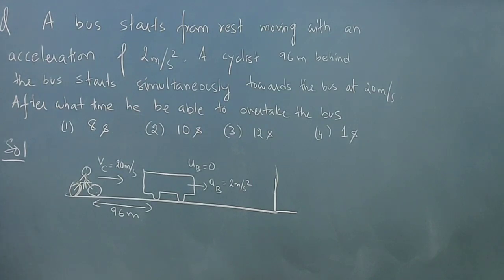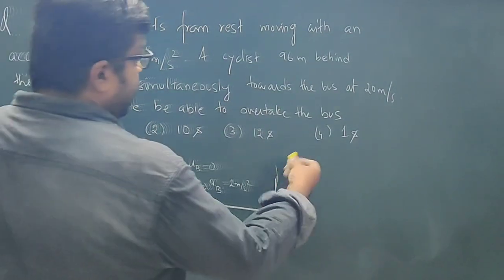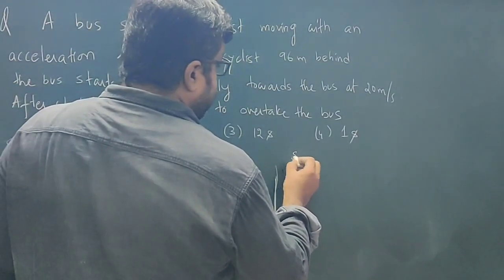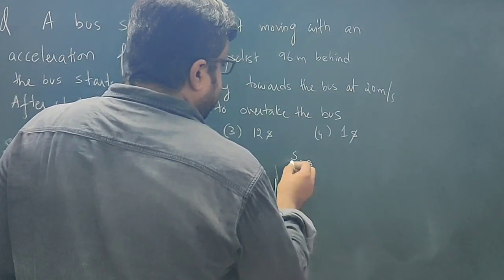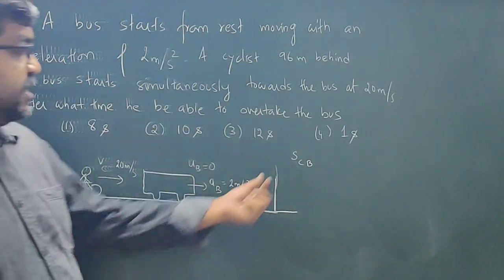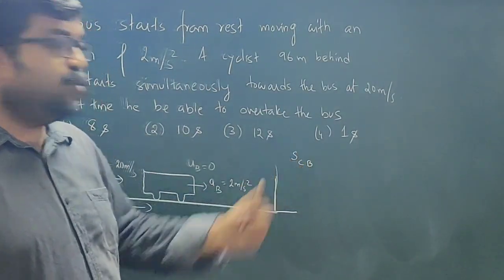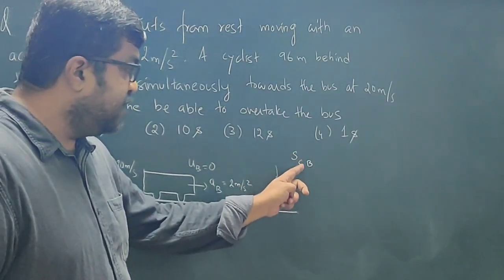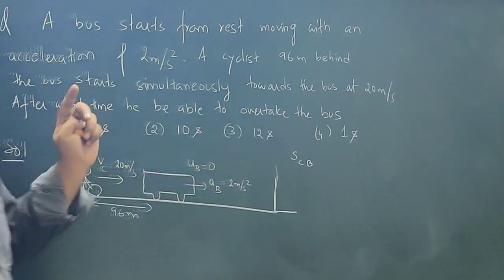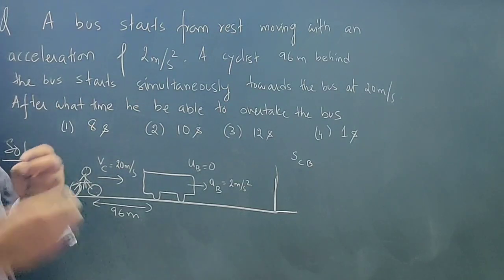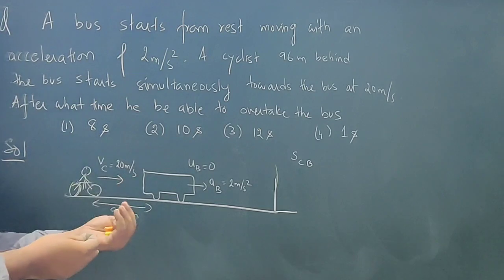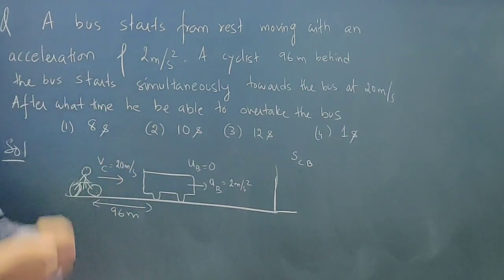Okay. So if we take the concept of relative motion, if we take Scb, that is distance traveled by cyclist with respect to the bus, relative to the bus, so that the frame of reference is in the bus. So that means you are at rest because you are moving along with the bus.